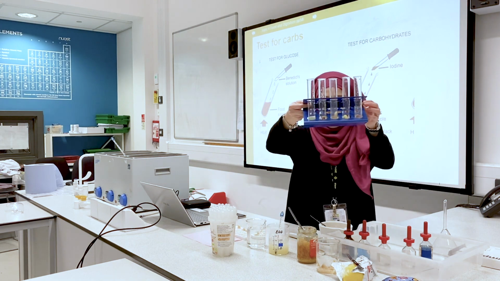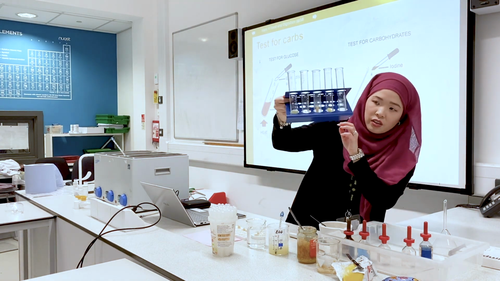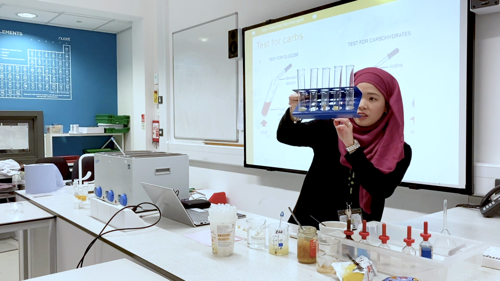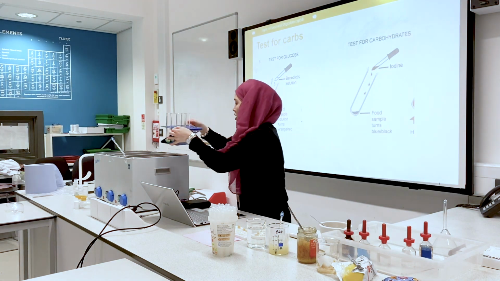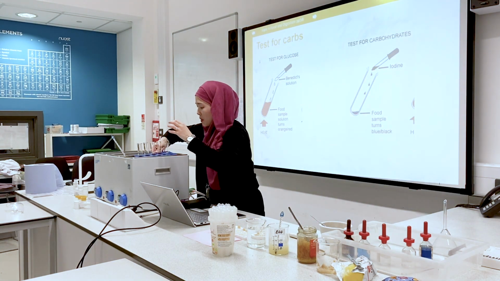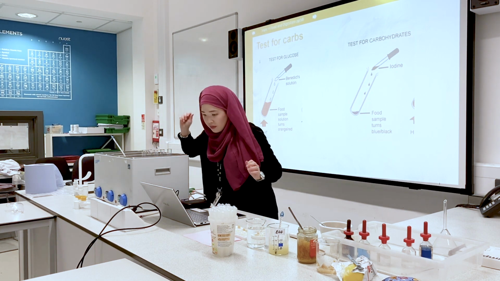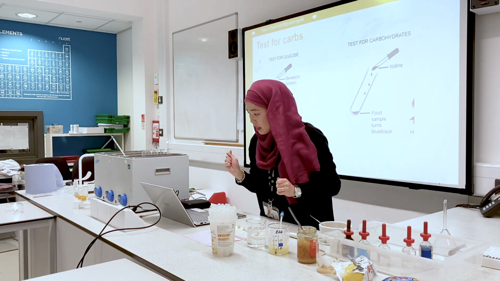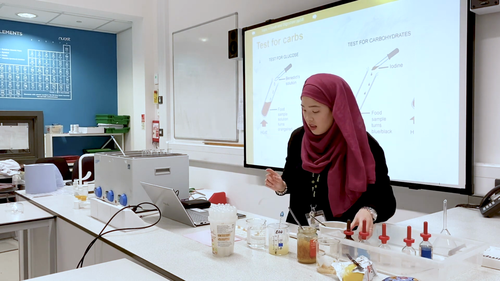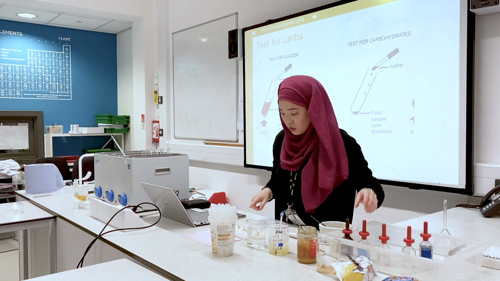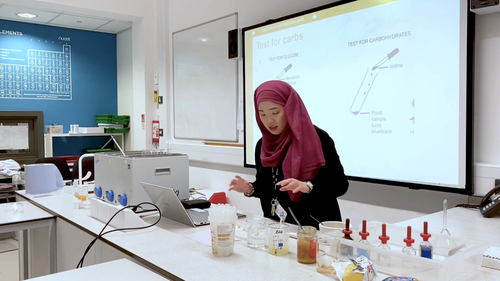So this is what they currently look like. I'm going to now submerge it into the water bath and leave it for a few minutes. I will now test the other foods with the other chemicals.